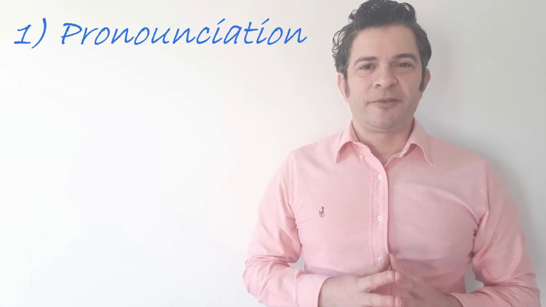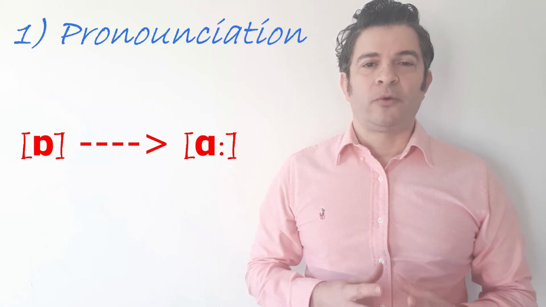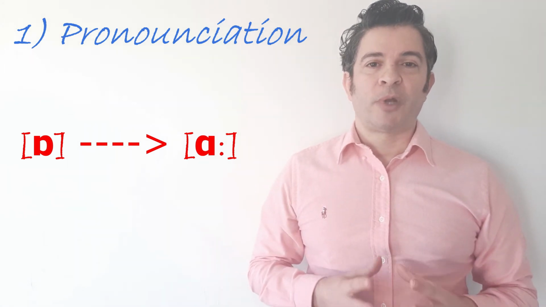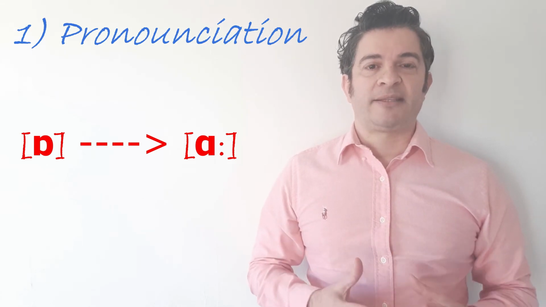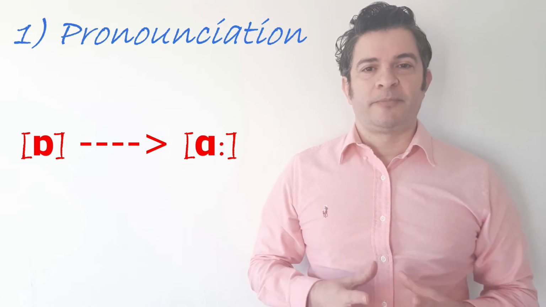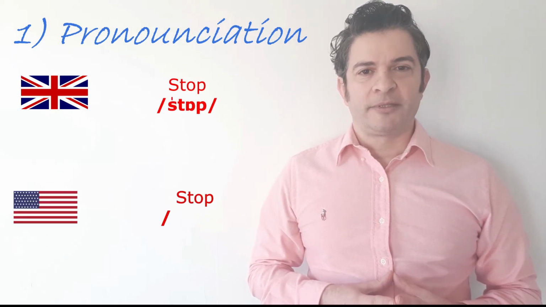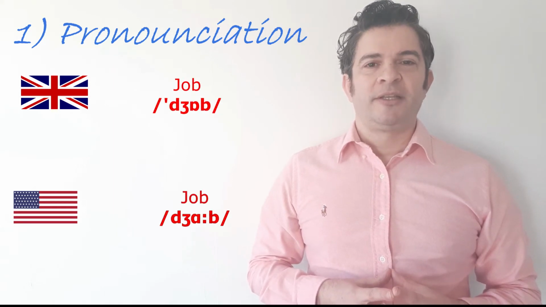The second difference between the two is the way the vowel O is pronounced in American English. The rounded vowel O becomes A, which is flat and long. For example, stop is pronounced as stop. Job is pronounced as job.